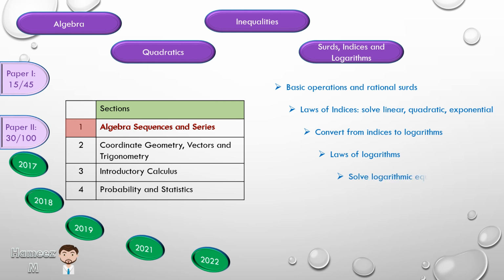Students should be able to solve logarithm equations and apply logarithms to solve problems such as linear reduction. T is equal to ax to the power b, and we can use logarithms to convert that to a linear form.